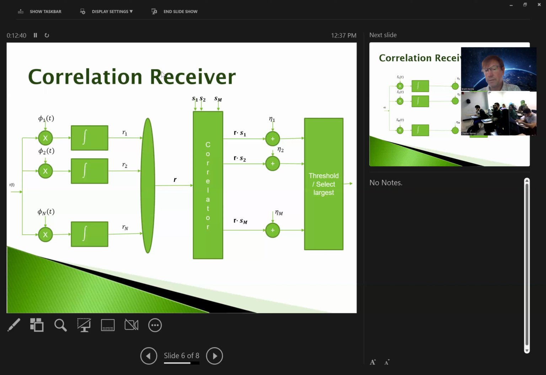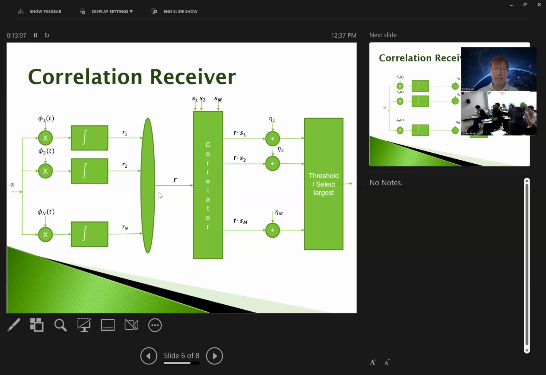We'll call it a unit vector, but it's a basis function, and it's a little more complex because it has a dependency over time. But phi 1, phi 2, phi n are all mutually orthogonal to each other, and these r's are the coefficients that describe that vector.